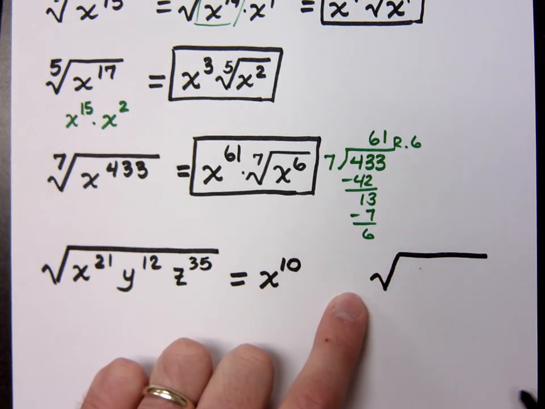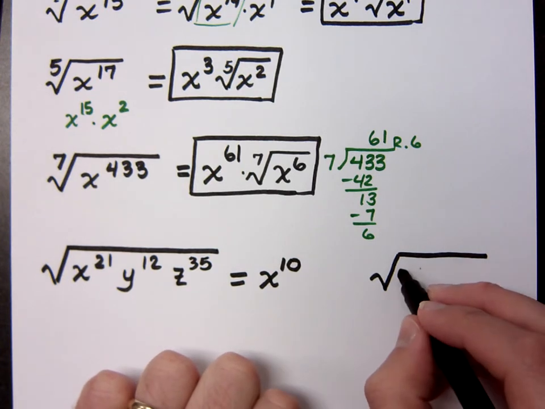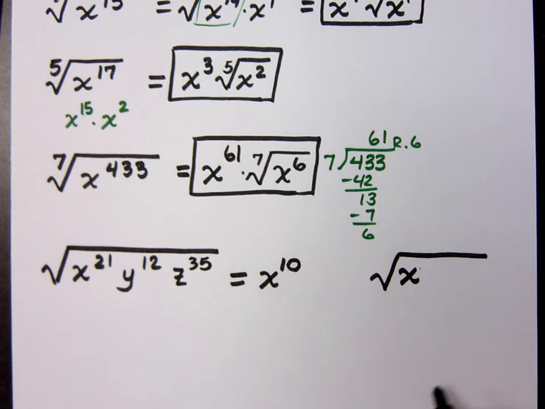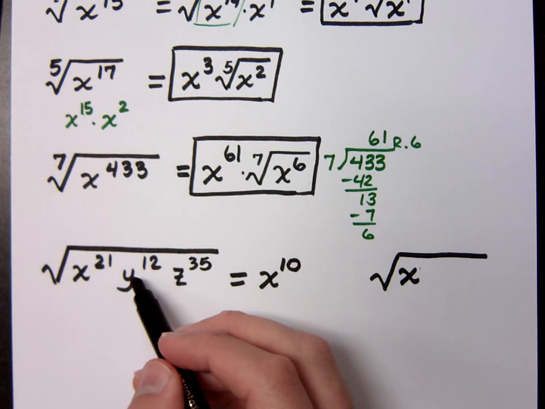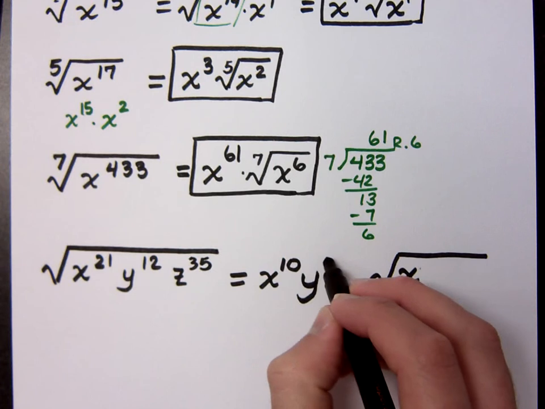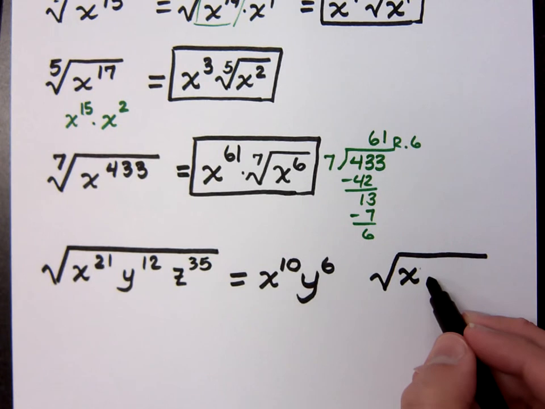Now, how many factors of x do I have left? One. I have one factor of x. Move on to your y's. The square root of y to the 12th is going to give me what? I get y to the 6th. How many factors of y would be left over? None, because it goes in there evenly. So do I need to put anything back in the square root?